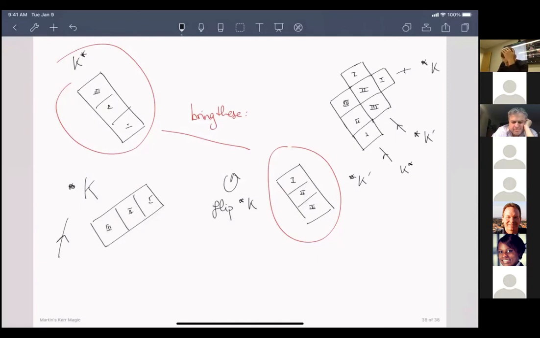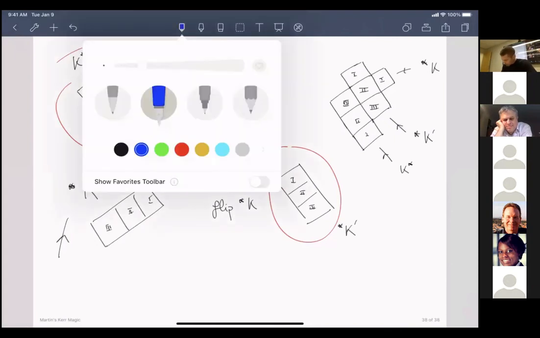And there is a mistake. Give me a second, there is a mistake. This is star Kerr prime. No, actually, no, there is no mistake. This is correct. This is okay. Okay, good.